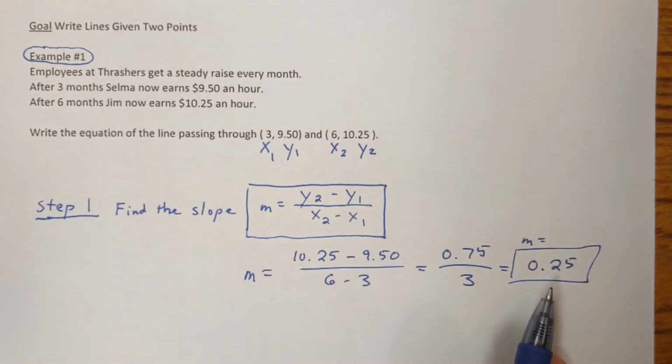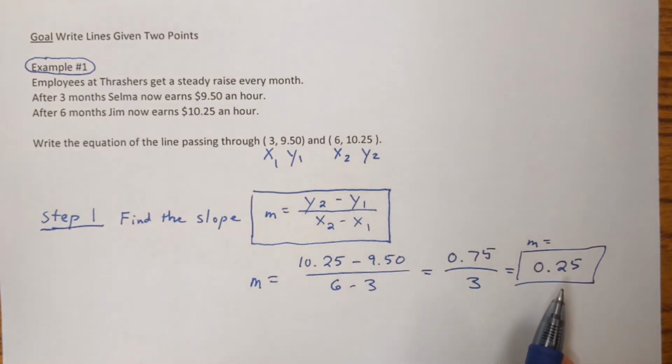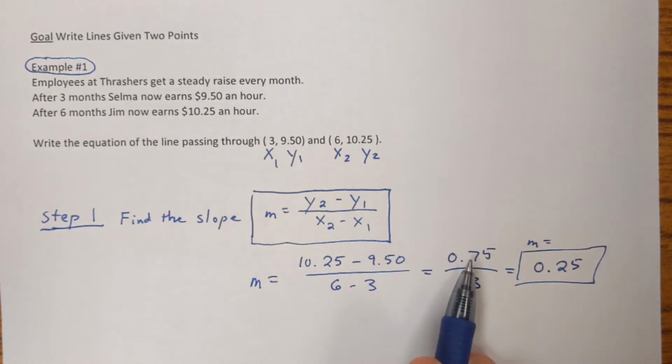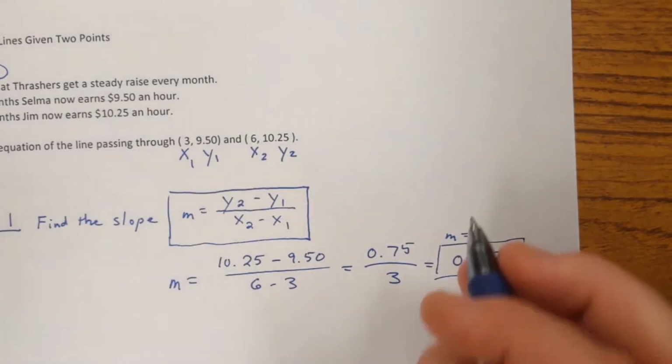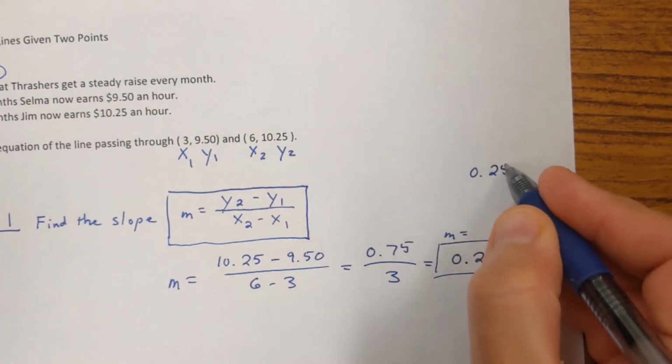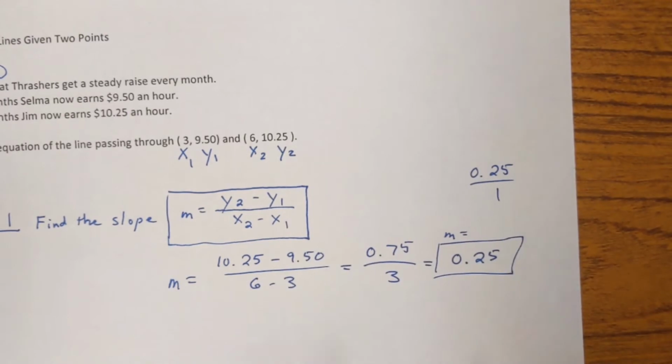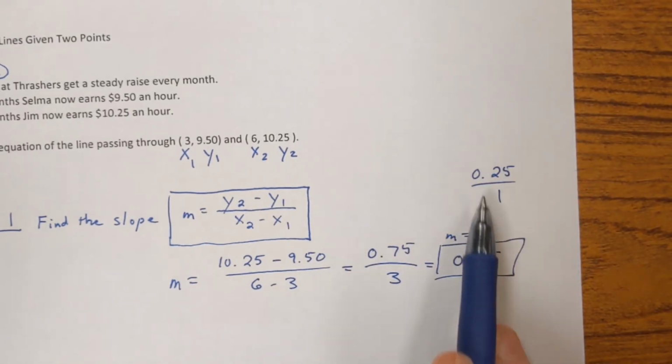When you work at Thrasher's, every month that you work, you get a 25-cent raise. Okay, it's 75 cents every 3 months, so break that down to 1 month, it would be 25 cents for every 1 month. And you know, you could write this as a fraction. A lot of times we say, well, you should write slope as a fraction. Okay, and if you were trying to graph it, maybe you would.